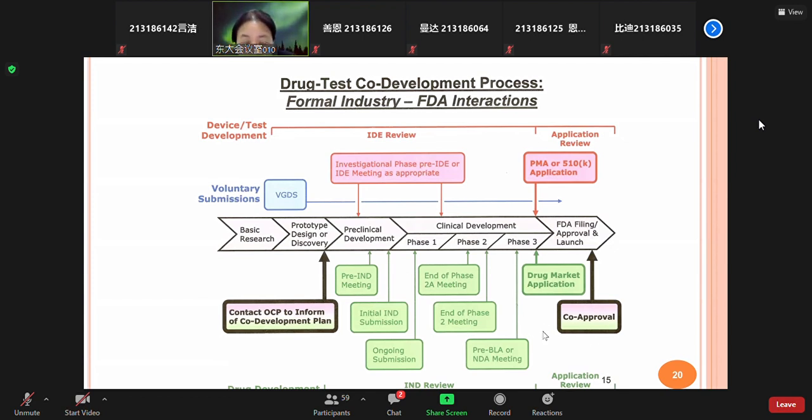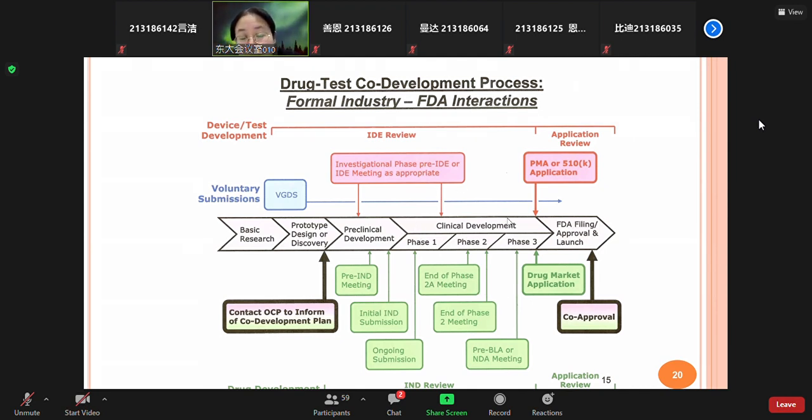Here we introduced phase 1, phase 2, phase 3 clinical trials. But in fact, before clinical trials, we have other studies, like basic research, prototype design or discovery, preclinical development, and then clinical development.